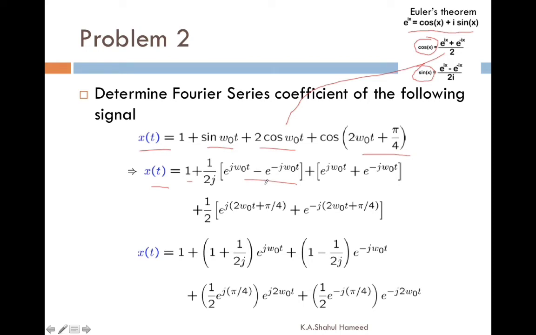And this term 2 cos(ω0 t) we can write like this: already we have 1/2, the 1/2 and 2 cancel, so this term will give you e^(j ω0 t) plus e^(-j ω0 t). Now we have to expand this last term. So this is equal to 1/2 e^(j(2ω0 t + π/4)) plus e^(-j(2ω0 t + π/4)).